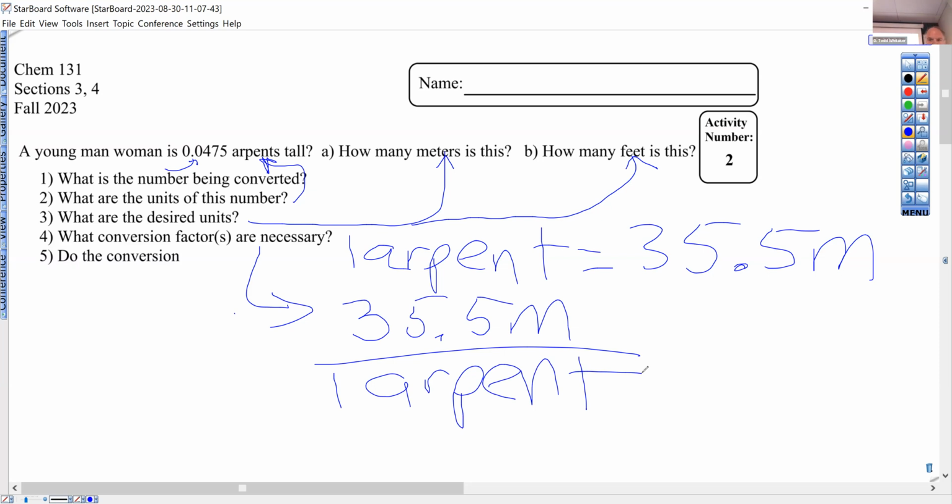And do the conversion. So you write down the number, always with the number that's the naked number in the question, that's not related to any other thing. You found the document. Good. So the 0.0475 Arpents needs to be converted.